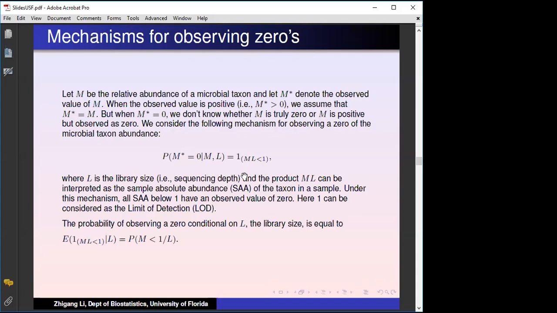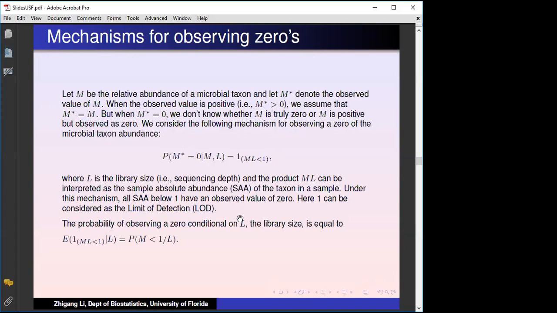You can think of this also from an epidemiology perspective, because epidemiology uses the LOD, the limit of detection. Think of 1 as the detection limit. If the product m times L is less than 1 for a certain microbial taxon, then you will observe 0, right?